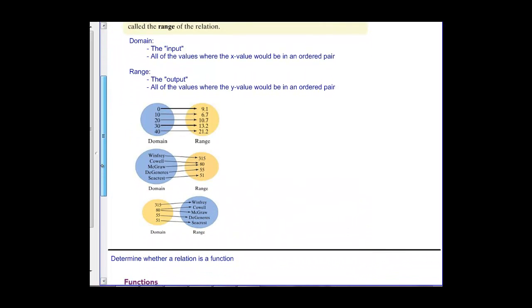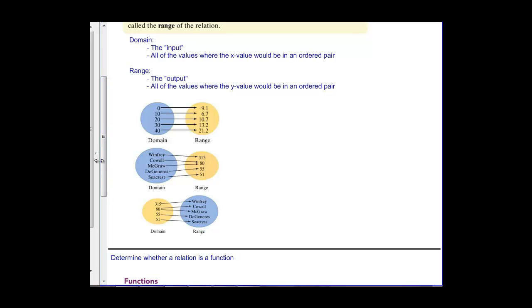All right, so just looking at some of these graphically. If we start with 0 and I go to 9.1, and I start at 10 and go to 6.7, and so on and so forth. Where we started, the input, the one we picked, is our domain, and then it tells us where we end up, which is in our range. It can be just these little individual points, where the range would just be the set of numbers 9.1, 6.7, 10.7.